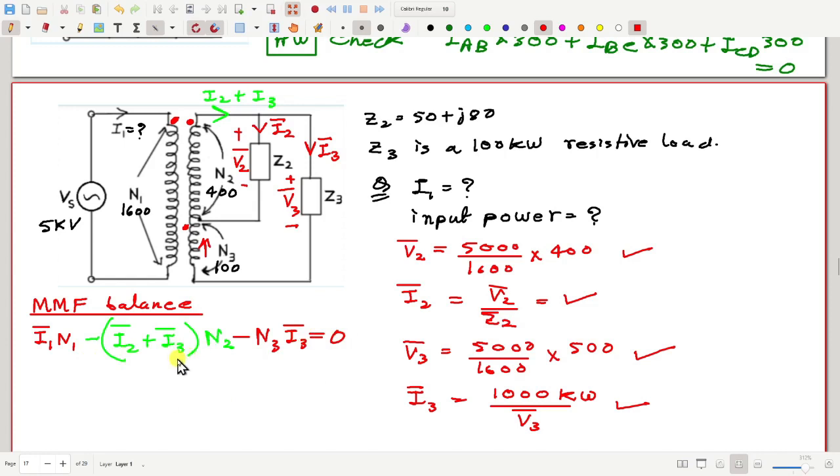So from this you can get I1. Once you know I1, you can get the input power. Let me write the complex input power: that will be Vs I1 star, and the real part will be the active power.